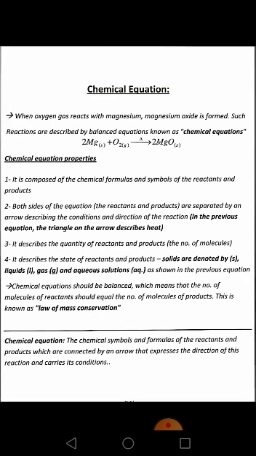It is very important to know these to predict the product of any chemical equation from the reactants. So now we will discuss the types of ionic equations, what is the meaning of ionic equations, and how to write the net ionic equation.